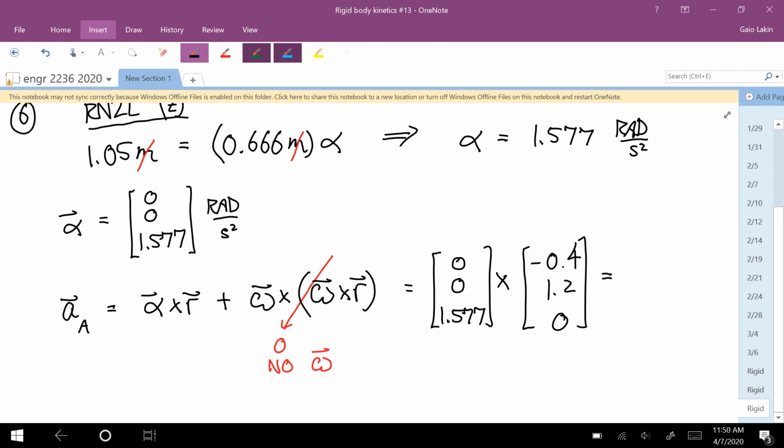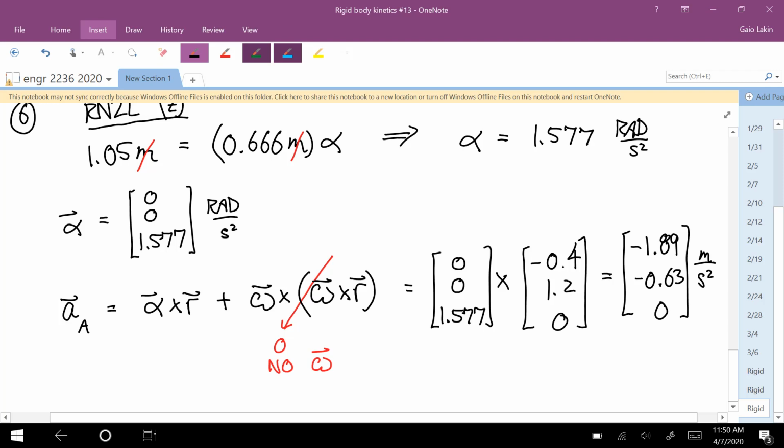Negative 0.4. And you get a final answer of negative 1.89 for the x component, negative 0.63 for the y component, 0 for the z component, meters per second squared. So that's the solution for rigid body kinetics number 13.